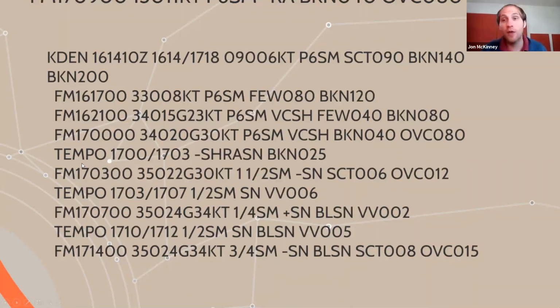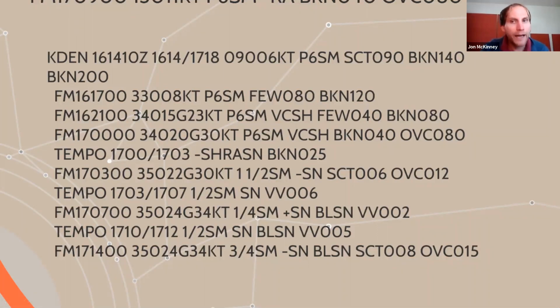Now what you see is you have a temporary. During this time period, it says temporarily between the 17th day at 00 Zulu and the 17th day at 03 Zulu, we're going to see light showers, rain, snow. So you actually say light snow showers, light rain showers, broken 2,500 AGL clouds.